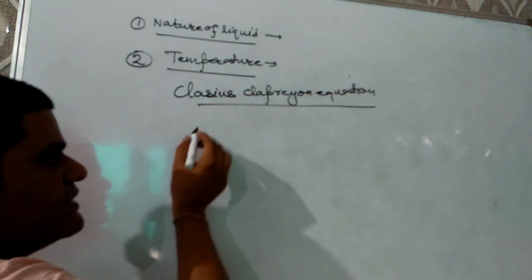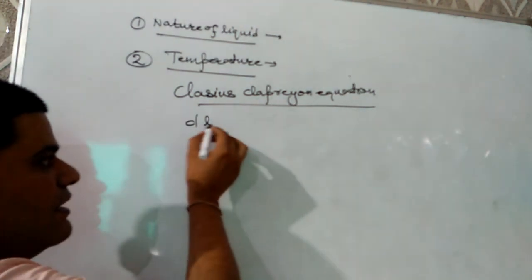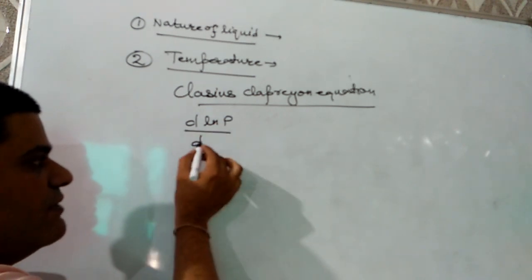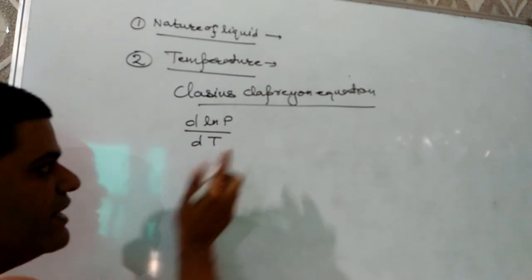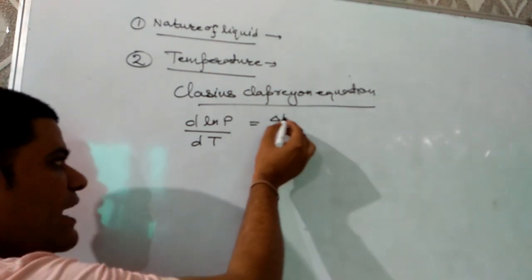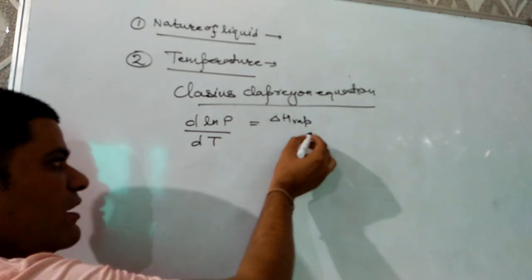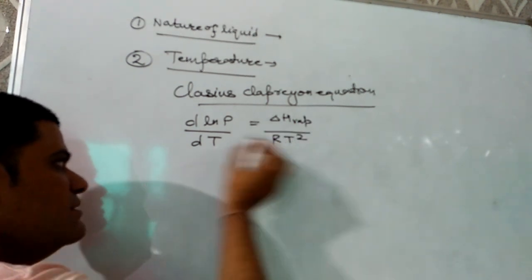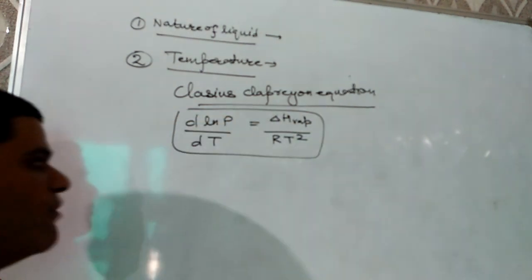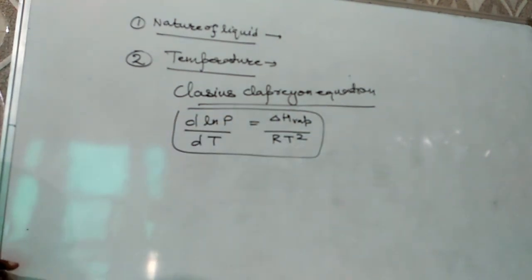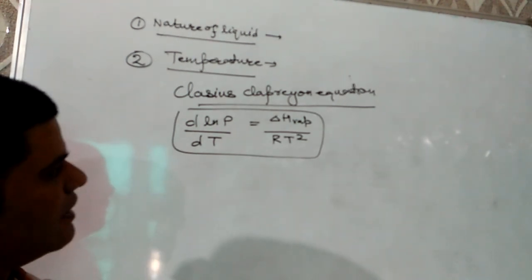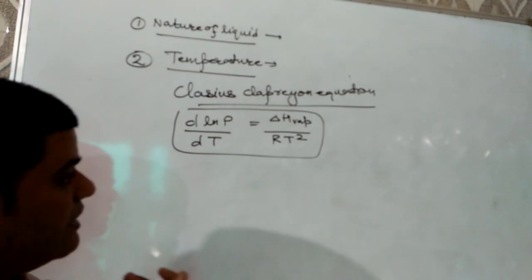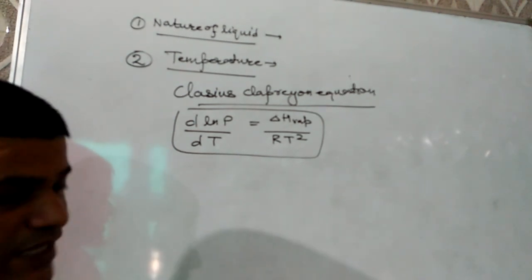This equation can be stated in different ways. The first one is the differential form: d ln P over dT is equal to delta H vaporization upon R T squared, where P is the pressure, T is temperature, and R is the universal gas constant.